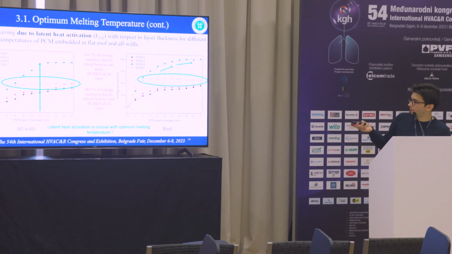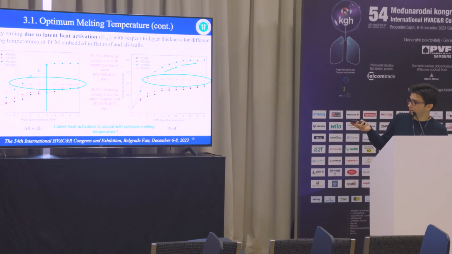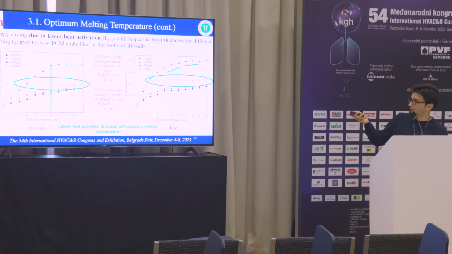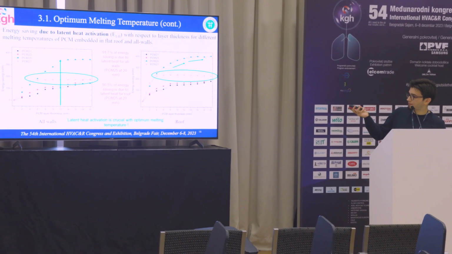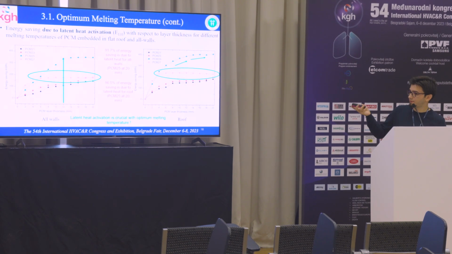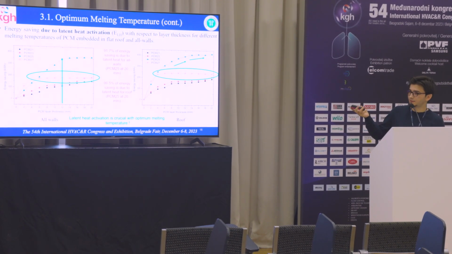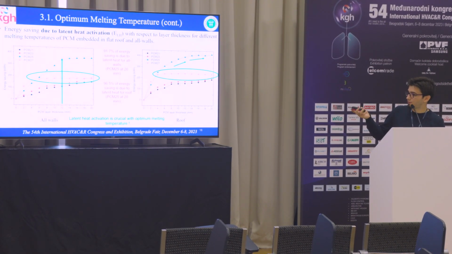And as you can see from here, the energy saving stops at some point for the pink line. That is because the latent heat activation stops at that thickness. That's why the optimum melting temperature is very important.